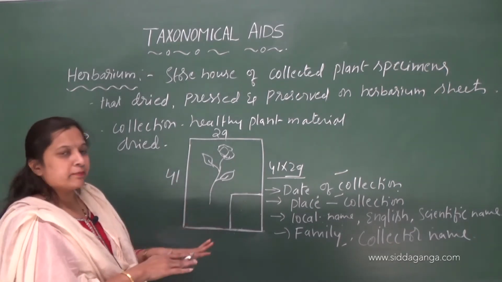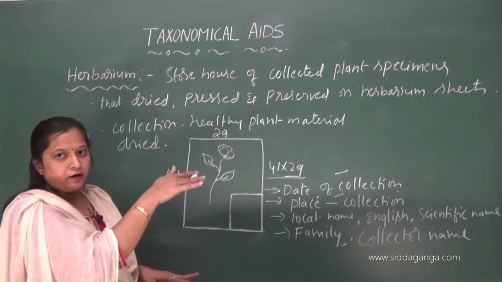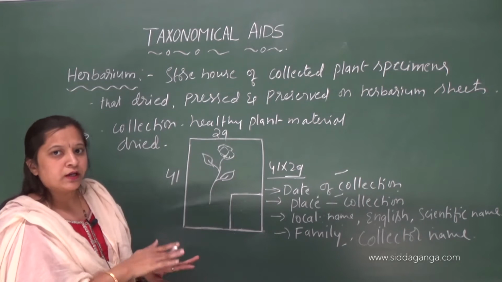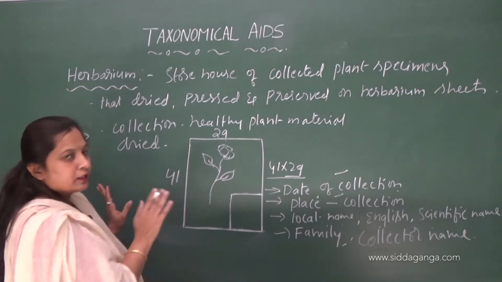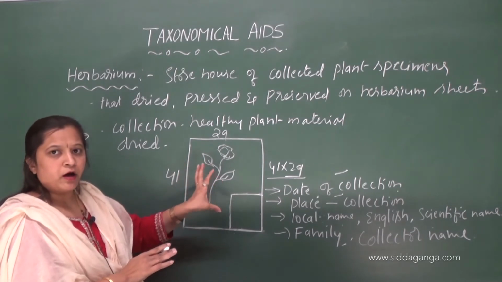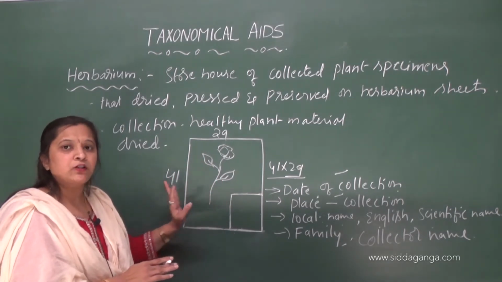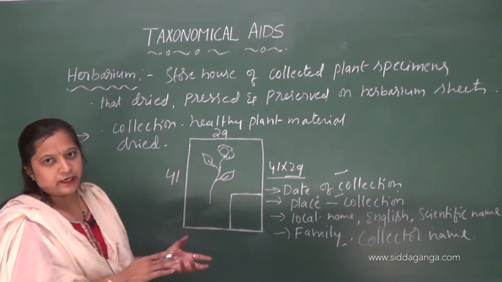These herbarium sheets are arranged in a sequential order according to a universally accepted system of classification. So the herbarium forms a quick referral system. It provides a quick source of reference for students and researchers.